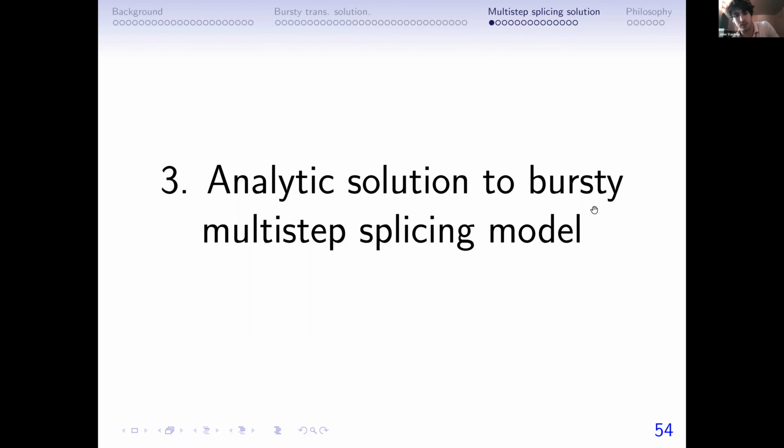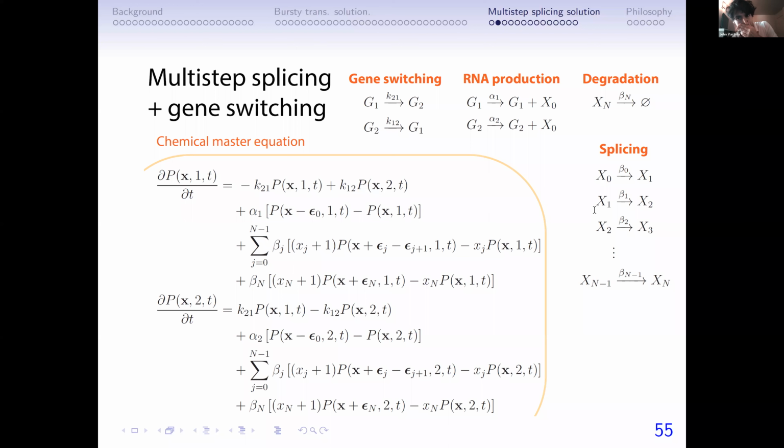And so in particular, one amazing extension of what I just talked about is that you can use exactly the same math with almost no additional effort to describe a situation where you have gene switching between on and off, production of RNA in the different gene states, but then up to n, some arbitrary number n, of splicing steps.